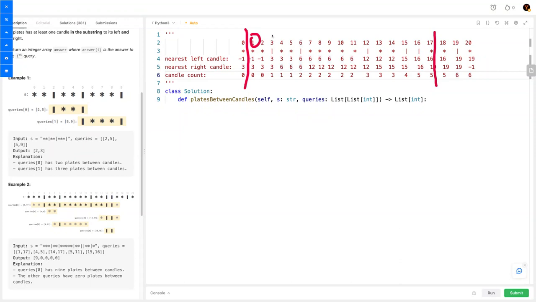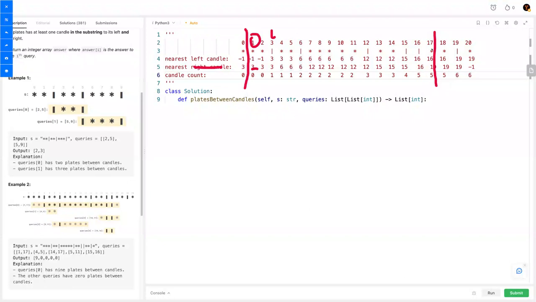So we want to find the leftmost candle, which is the closest right candle for the leftmost position, which is position 3. So this is the position we're going to start, the left position we're going to start.